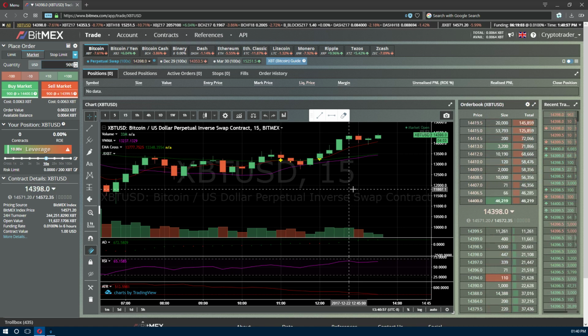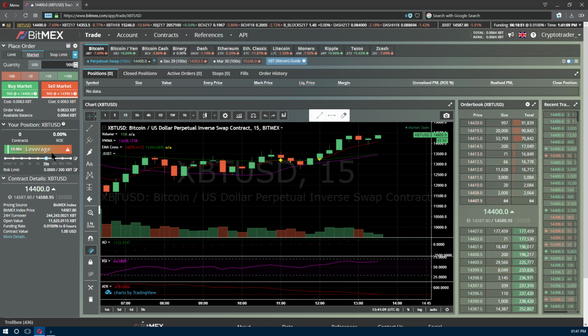So I don't really care about margin in this instance. I only care about how much money I'll lose if my stop losses hit. That is what I do care about. Let's see where the maximum loss is at.